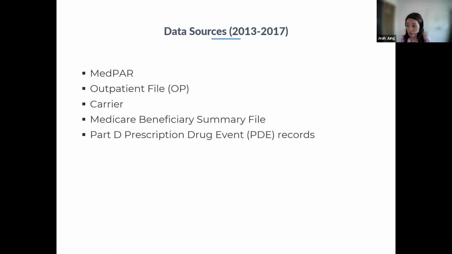We had MBSF for sure to get demographics, and carrier, outpatient, and Medicare inpatient hospital and SNF. We did not have DME or home health or hospice. It's simply our definition of total medical cost. And then we had the PDE records for sure.